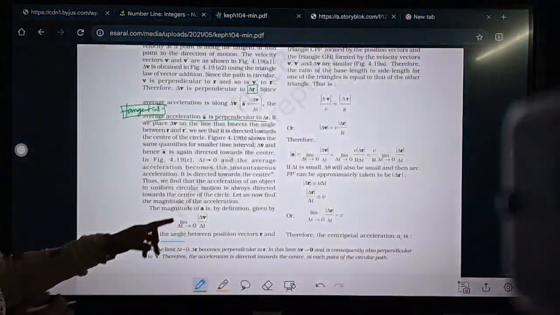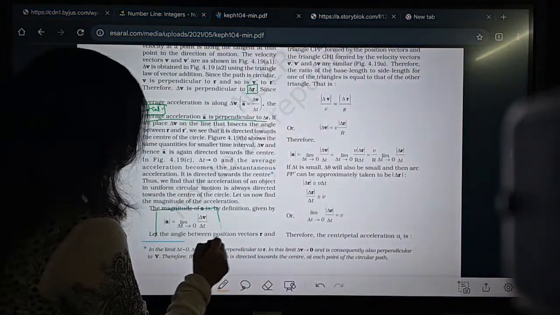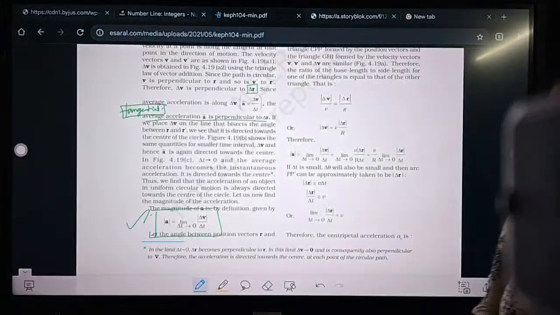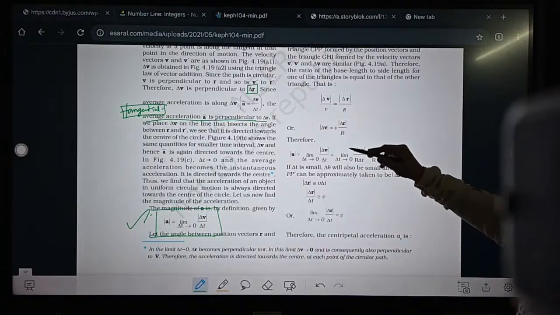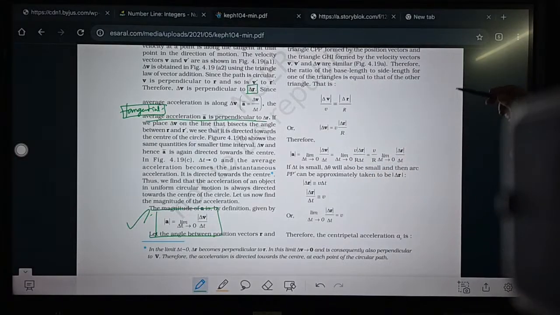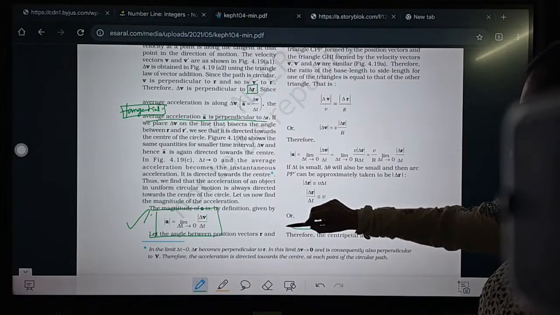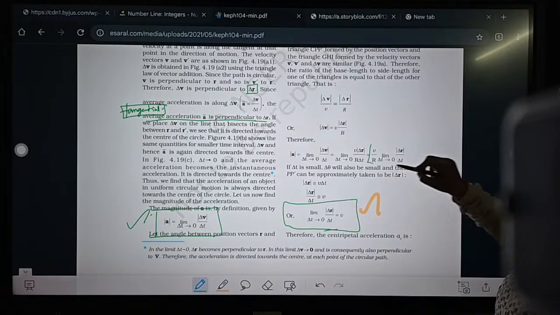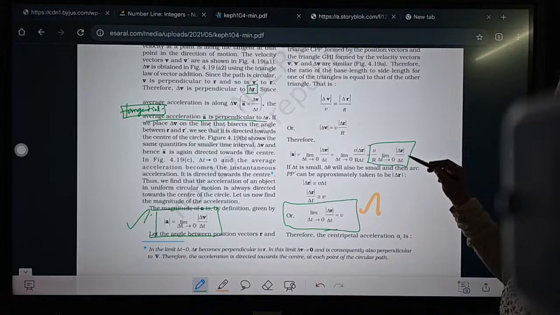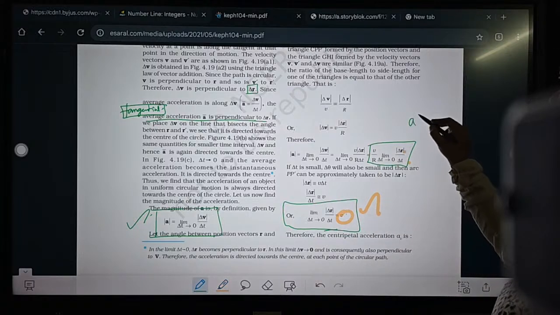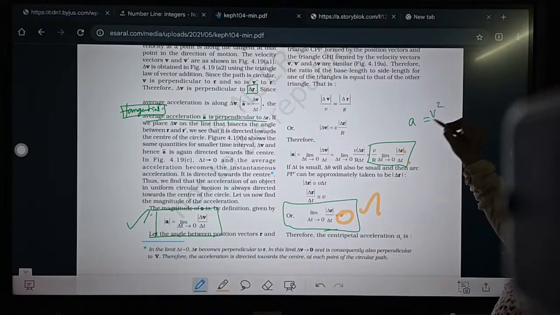Then, after this, we are talking about the instantaneous acceleration. For instantaneous acceleration, from uniform circular motion, we have been given an idea. It talks about v by r into the limit as delta t tends to 0 of delta r by delta t, which is simply v. So we can call a equal to v square by r.